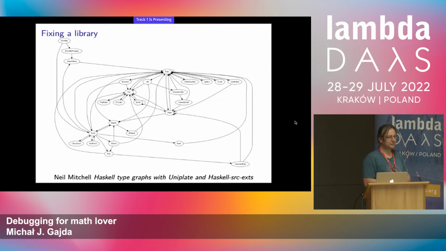Let's take a little bit larger scale, right? So we have a library. I wanted to show you a module diagram, but then I found out that if I show you a module diagram for most of the code I work on, it's usually somewhat tangled, and you would not see much on this projector.